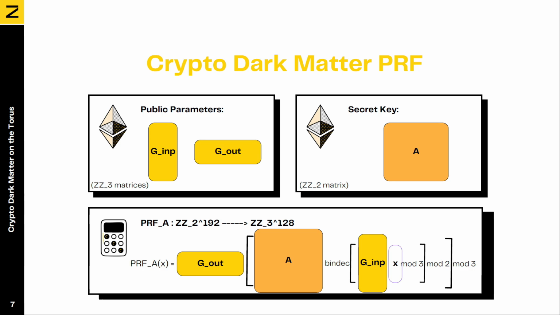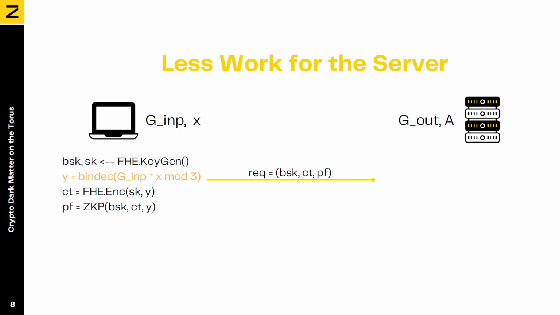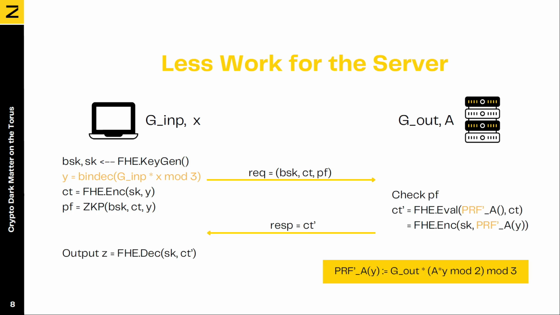Finally, you interpret the resulting vector as a binary vector with integers considered modulo 3, and do one more public parameter matrix multiplication. Considering the format of this evaluation, we can actually pass some of the work on to the client side. In particular, everything before the secret key is applied can be done on the client side. One thing to note here is that the zero-knowledge proof needs to take this into account, so it needs to prove that this intermediate vector y was computed properly.